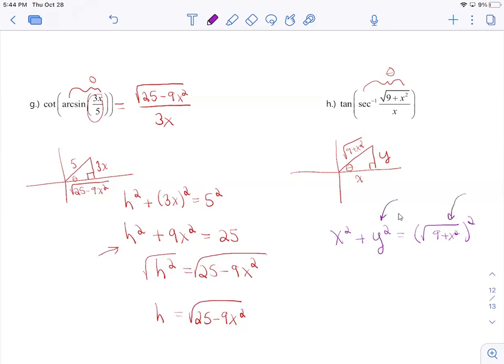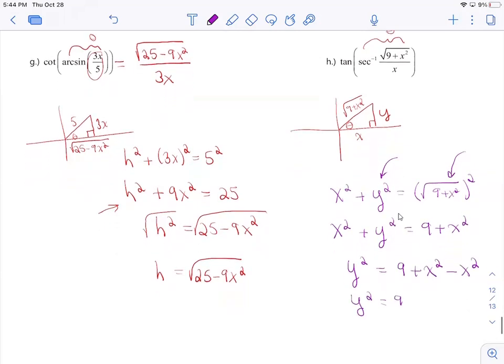If you square this whole thing, that just gets rid of the radical. Solve for my y. So I'm going to take that x squared over. Ooh, this is fun. So then y squared just equals 9. Take the square root, y equals 3.